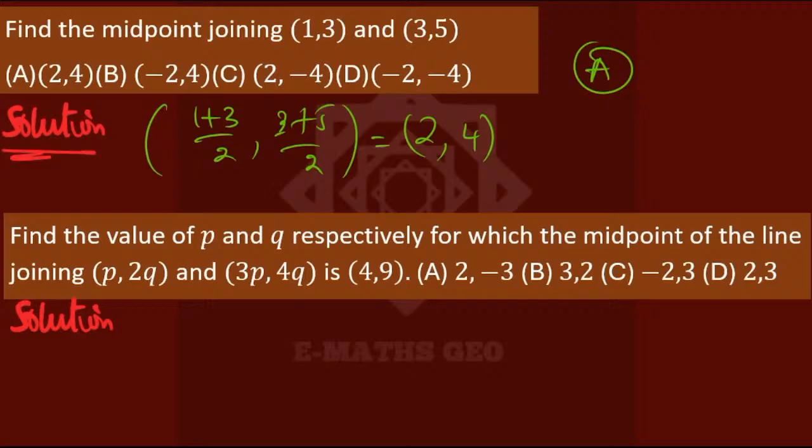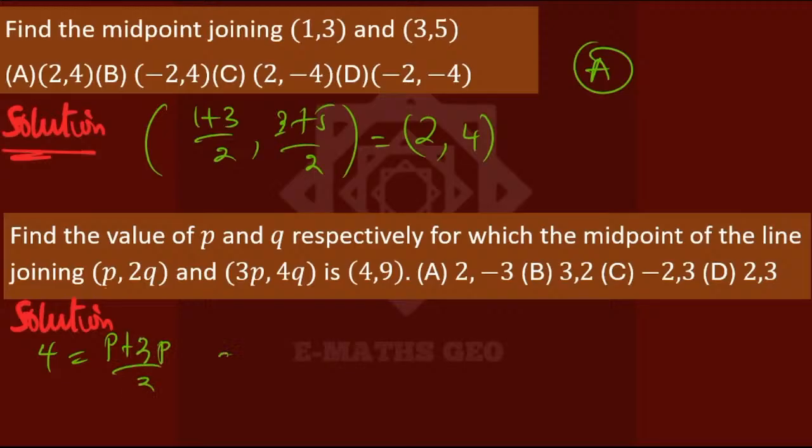Now the second one. Find the values of p and q respectively for which the midpoint of the line joining these points is given. So we are given the midpoint now. The x coordinate is 4, y is 9. So 4, the midpoint, is the average of p plus 3p over 2.